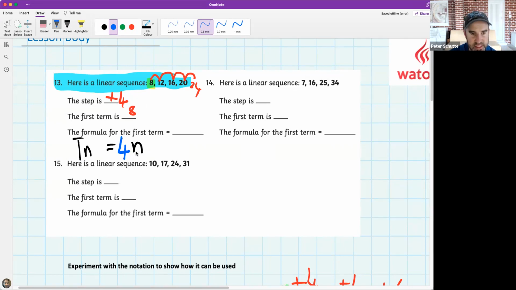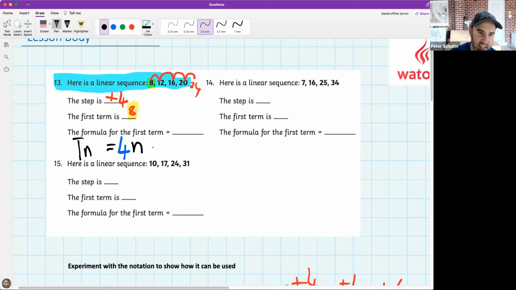However, this does not match. If I sub in, at the moment, this formula says the first term is 4, the second term is 8 and 12. You can see that it's out of alignment. So now what we do is we look at the first term being 8 and we ask ourselves, how do we adjust? Currently my first term is 4 and I want to get to 8.